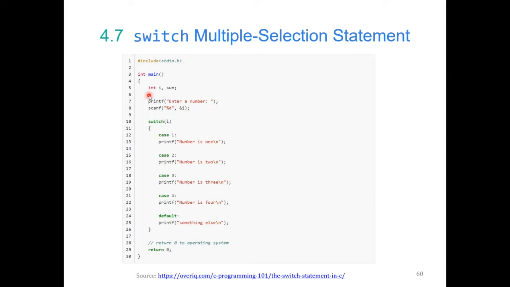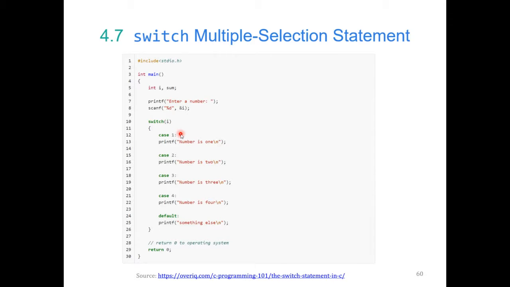It's a very simple example. We have an integer i and another integer sum, and we ask the user to enter a number. That number gets stored in the integer i, and then our switch is evaluated based on the variable i.